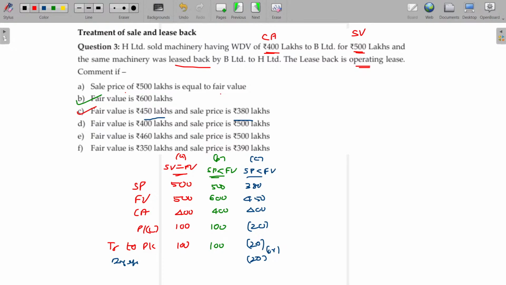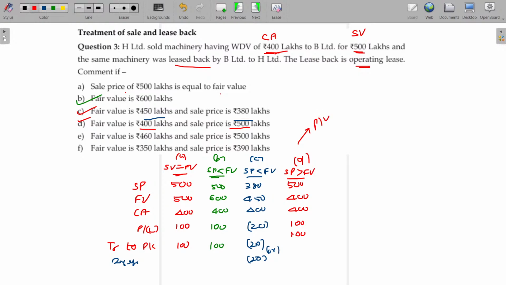Next, scenario D. Fair value 400, sale price 500, carrying amount 400. Now there is a profit. Sale price is more than fair value. Then what about the profit? Profit is the difference between carrying amount and sale price, 100 rupees. But how much can you recognize in this case?